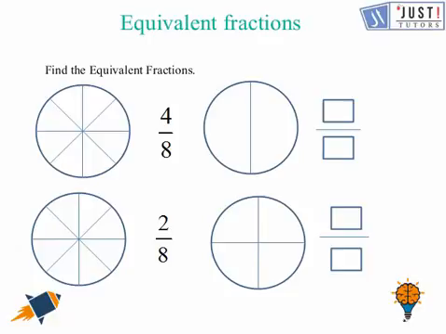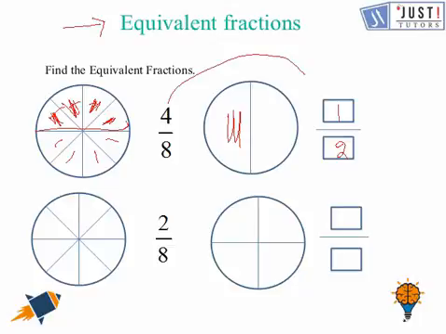Now we move ahead and we're going to find the equivalent fractions. So it's 4 over 8, since it is divided into 8 equal parts. That is why there is 8 over here and 4 are colored out of it. So we'll color this, this, this and this. Similarly, this is divided into 2 equal parts, and this is the same as half of 8. So we'll color the half part, so that would be 1 over 2.